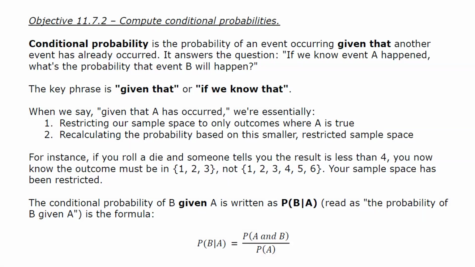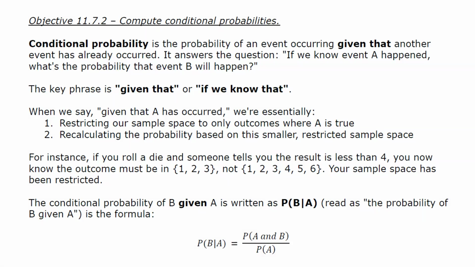For instance, if you roll a die and someone tells you the result is less than 4, you know the outcome must be 1, 2, or 3, not 1, 2, 3, 4, 5, 6. Your sample space has been restricted because you're only looking at results less than 4. The conditional probability of B given A is written as P(B | A).